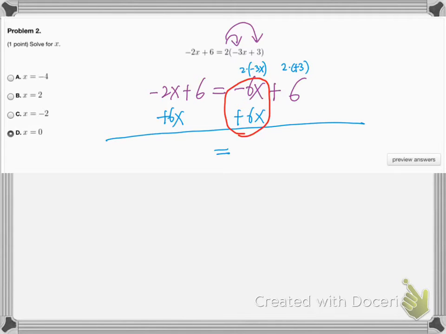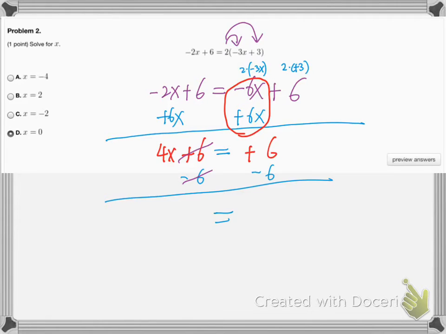So we got negative 2 plus 6, 4x, and the right side is 6. And then we cancel the number term on the left. So these two cancelled. So 4x is 0. So the right hand side is also cancelled.